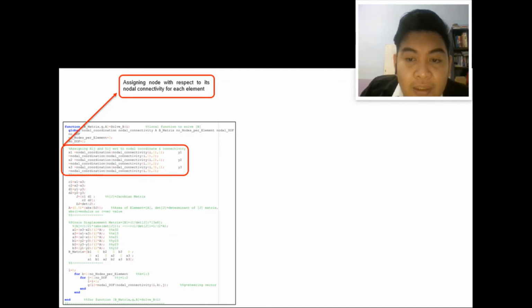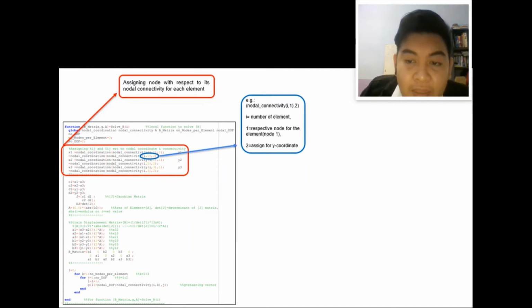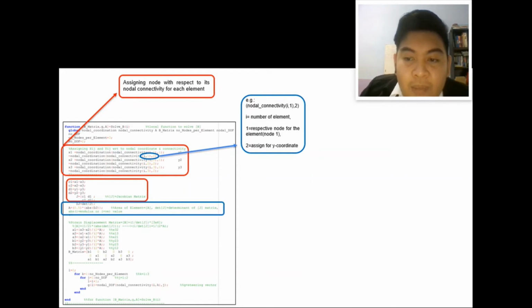This one is the first element, where i refers to the element. The 1 is node 1 and can be 2 or 3 for the other local nodes, while 2 acts as the y coordinate and for the x coordinate we use 1. Then this one is used to solve the Jacobian matrix J. This one is for the element area, and this one is for the B matrix.